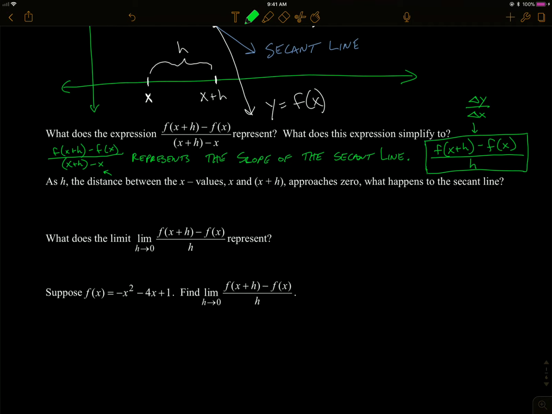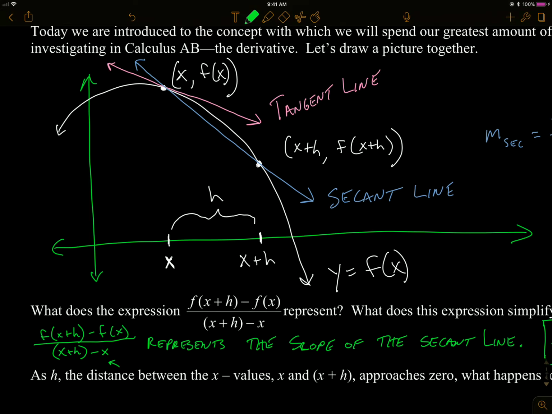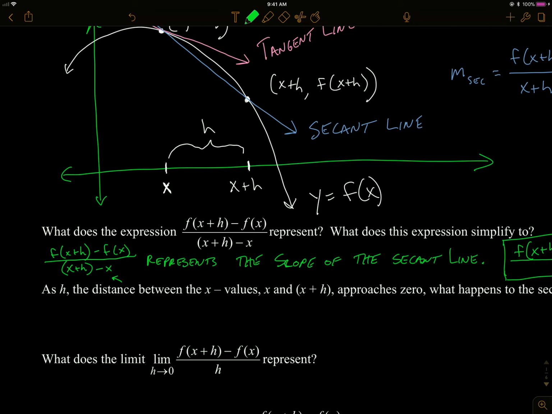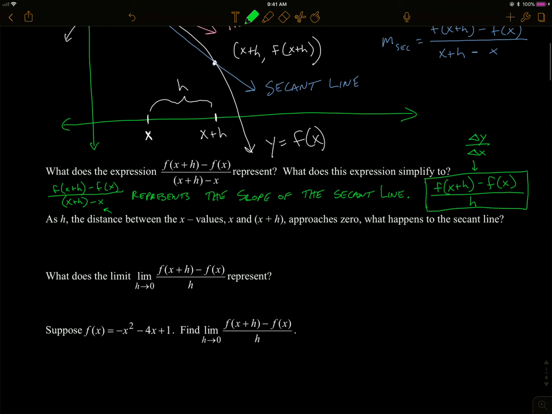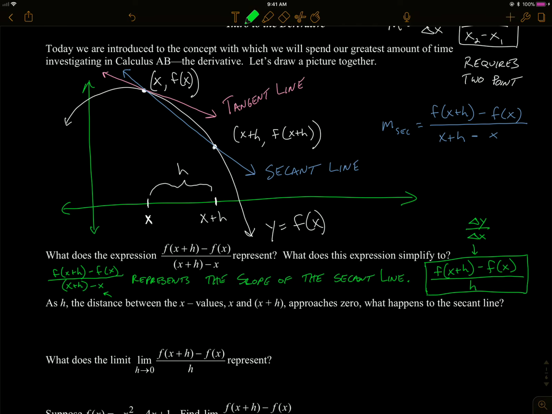All right, so now we're going to look at how we can make our estimate, our secant line, a better estimate of the tangent line. Well, we can just move the point a little bit closer, and you can see that the slope will get closer to the tangent line slope. So let's take a look. As h, the distance between the x values, x and x plus h, approaches 0, what happens to the secant line?